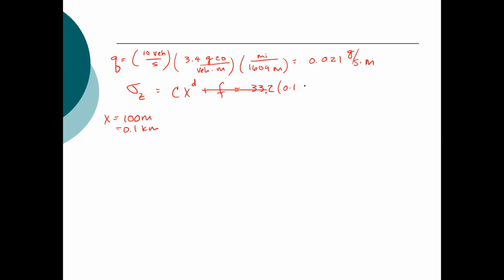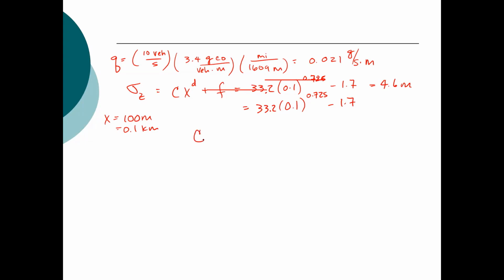This is in kilometers: 0.1 to the power 0.725, minus 1.7, and that equals 4.6 meters. I'm just going to write this below it. Just make sure you can read it.